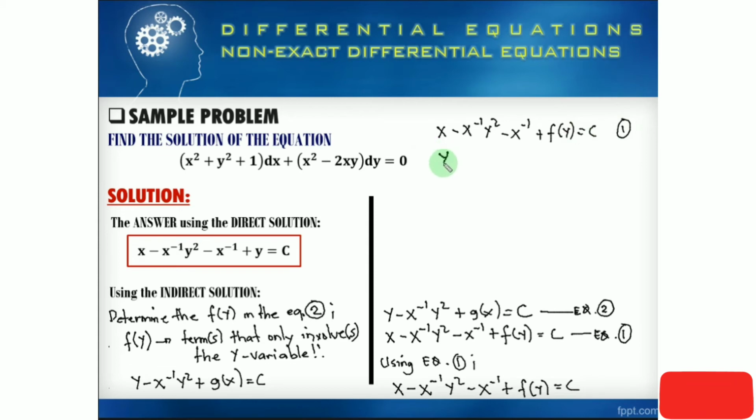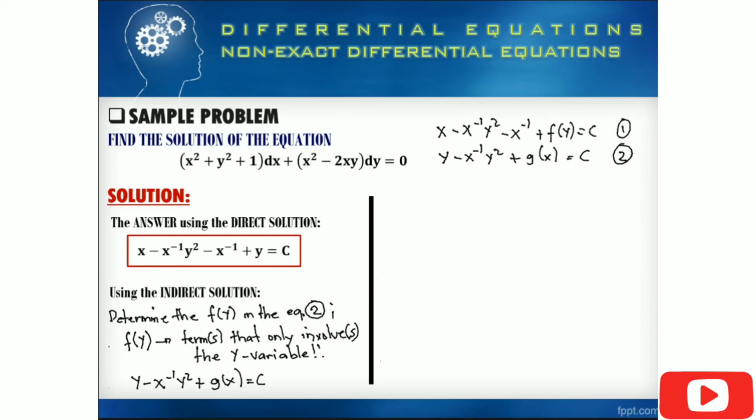Equation 2 is y minus x raised to the negative 1 y squared plus j as a function of x is equal to c, and this is our equation 2.